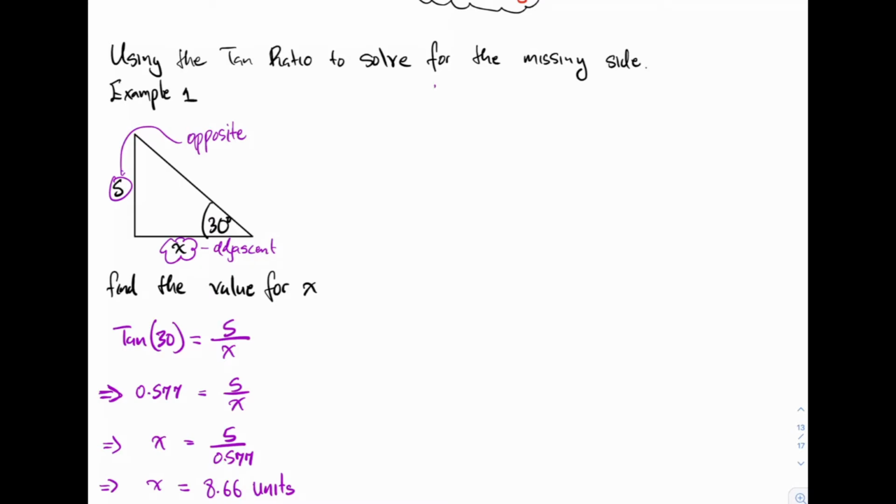So let's look at example number 2. Here I'll give you another right trigon. This time, the opposite side will be missing, and I'll give you this side as 10 kilometers.